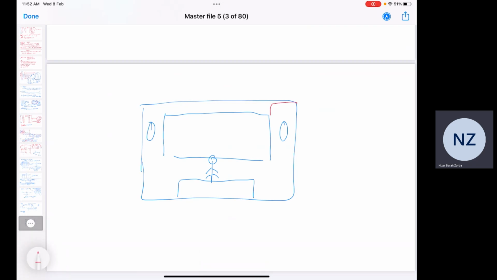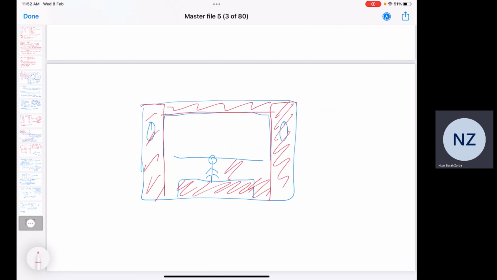This area is changing. This area not changing. This area not changing. This area, nothing will change there, right? Or here, or here. So only this guy and the whiteboard will change, right?